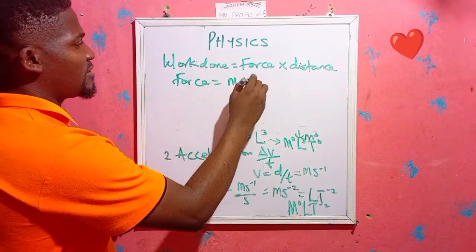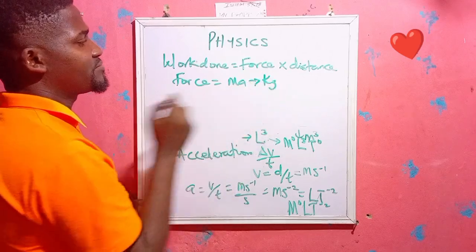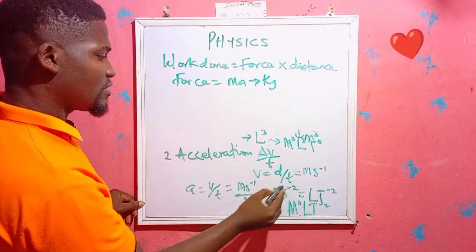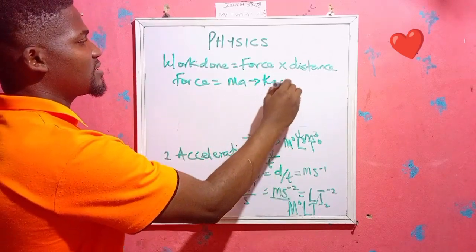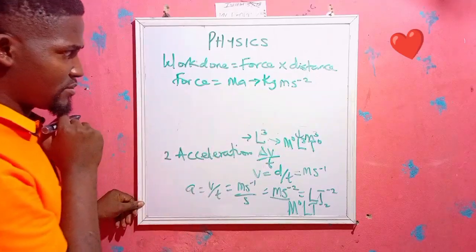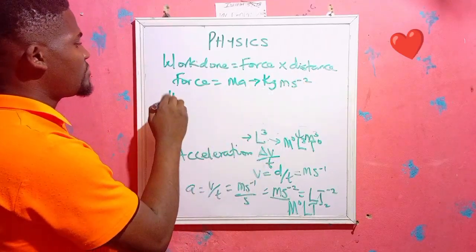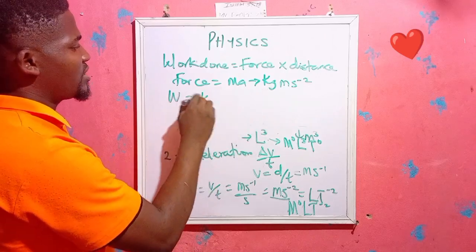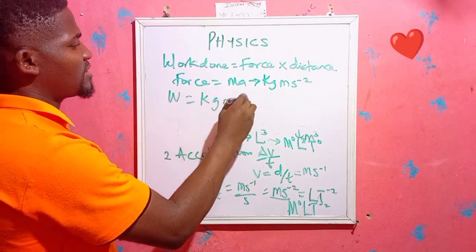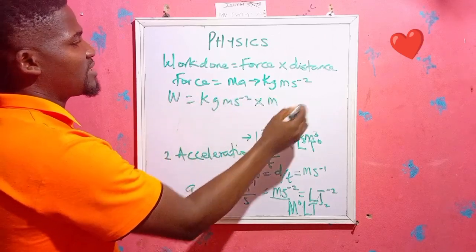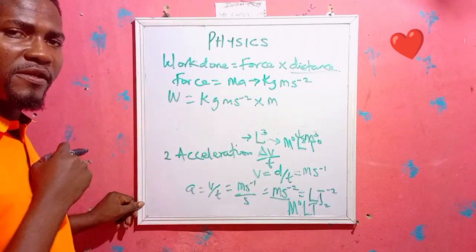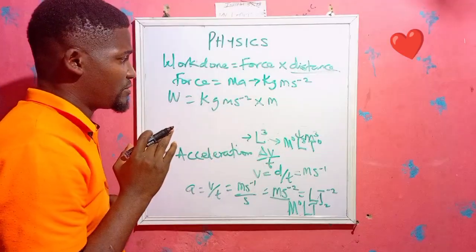And mass here is kilogram, while acceleration, as we just got here, is what? Meter per second square. Okay, now W is equal to kg meter per second square times meter for distance again. I hope you're following this explanation.